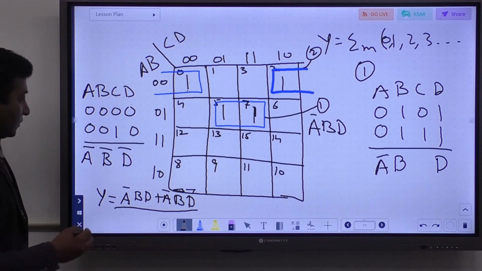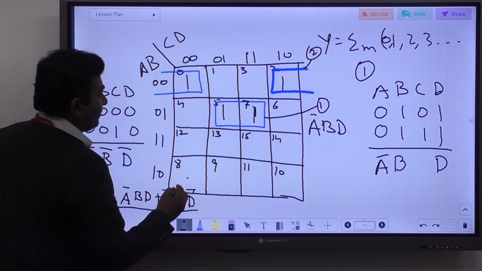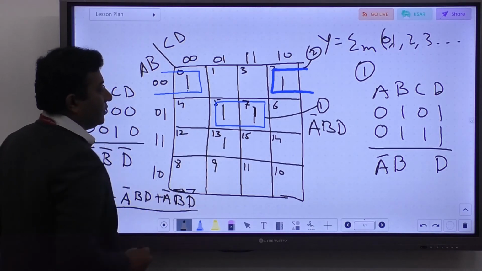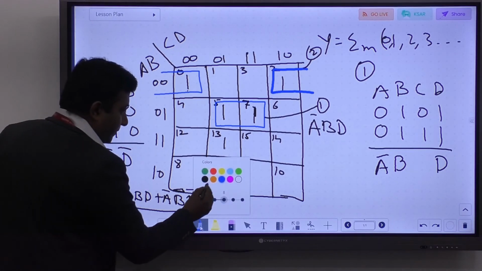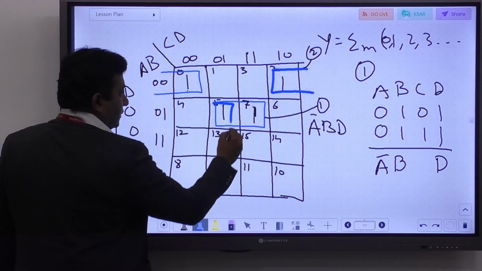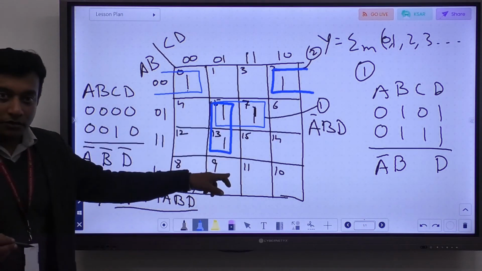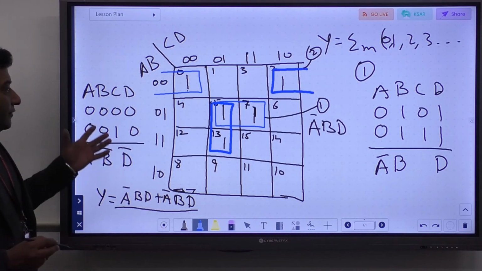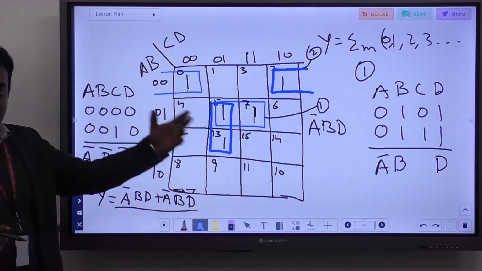Okay. So in case if we increase the number of minterms, say if there is a minterm over here, what we can do is we can generate one more pair. So there will be three groups. In case of a 4 variable K-map, if there is a singlet, there will be 4 variables at the output.